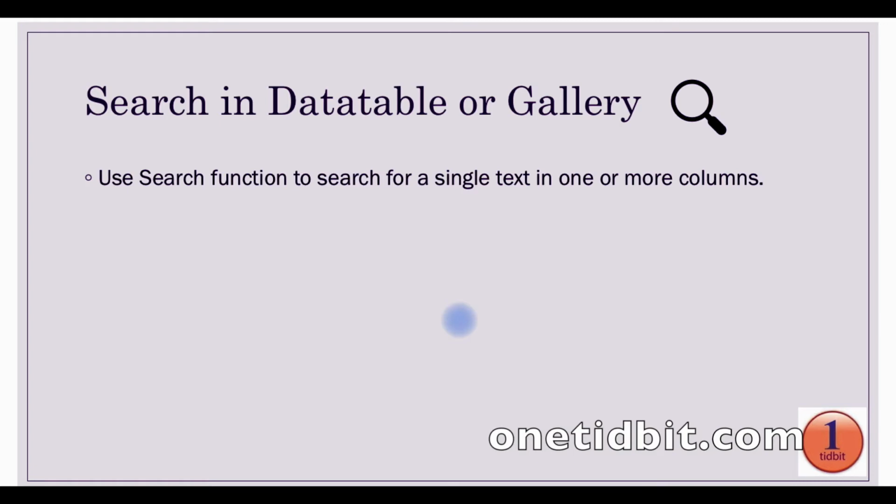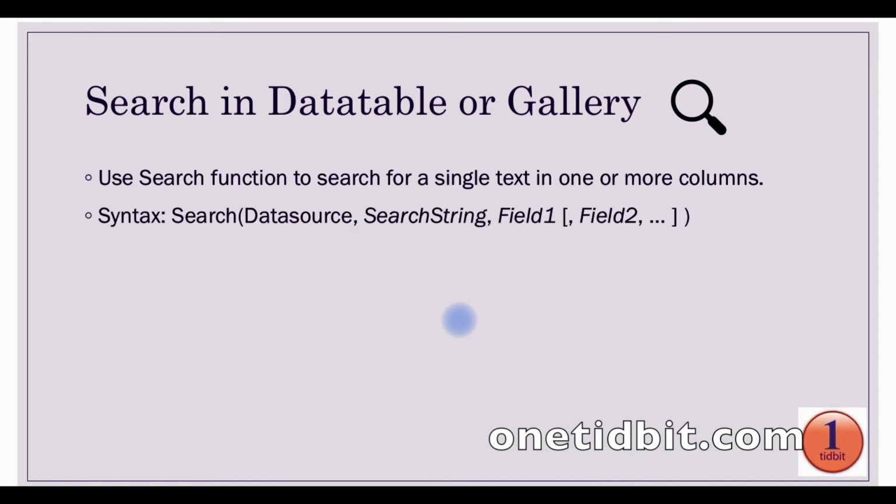For the single text we generally give a text box, or you can hard code it in this function. Search needs a data source and a search string, where the search string we can get from the text box in the PowerApps form. Next we can give the fields, field 1, field 2.